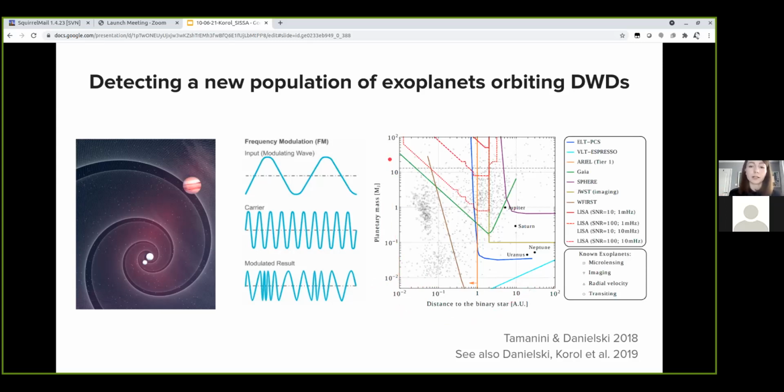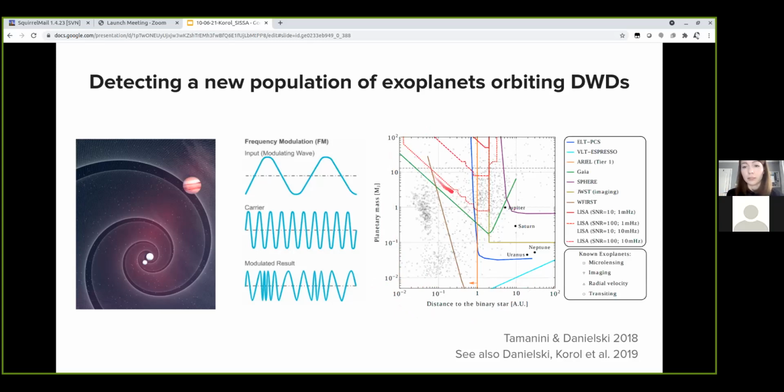And on the y-axis, you have the planetary mass in Jupiter masses. So all the gray markers are known exoplanets, and all the colored lines are the sensitivity curves of different observatories and techniques.